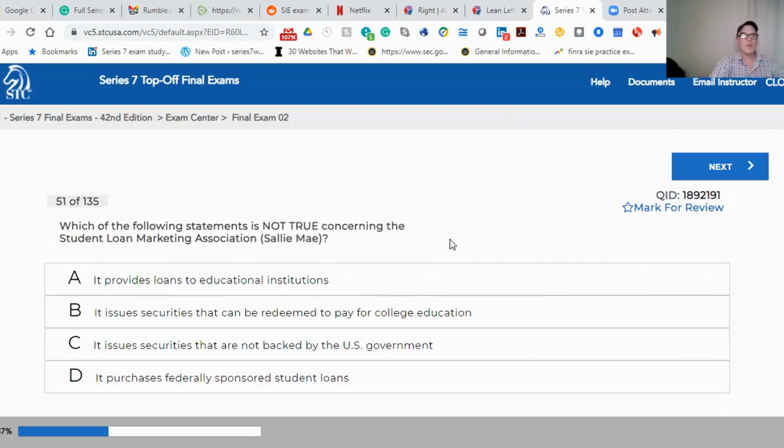Which of the following statements is not true concerning the Student Loan Marketing Association? Provides loans to educational institutions. It issues securities that can be redeemed to pay for college education. It issues securities that are not backed by the U.S. government. And it purchases federally sponsored student loans.